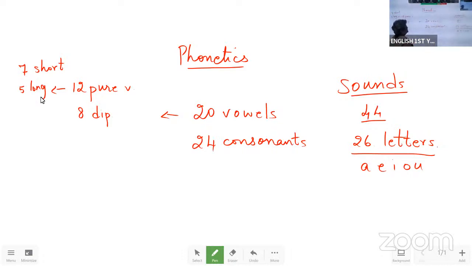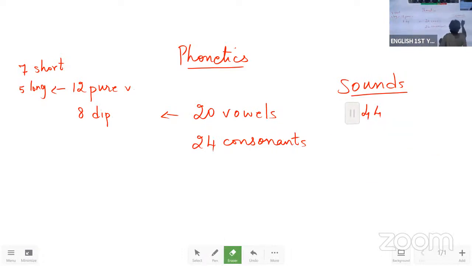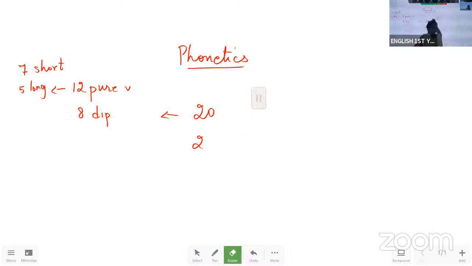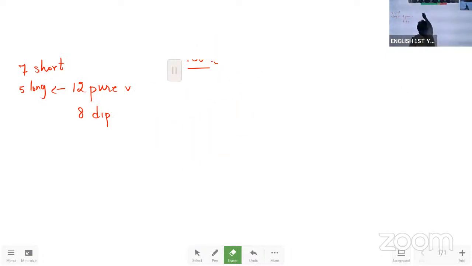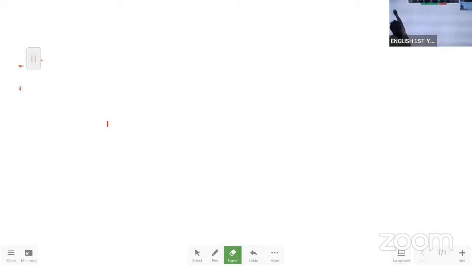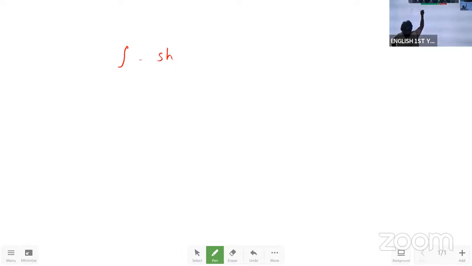Coming to consonants, there are 24, while we have 26 letters. In these 26 letters, the pronunciation differs in 7 to 8 consonants. Take for example, ship, sh. It is pronounced as sh.